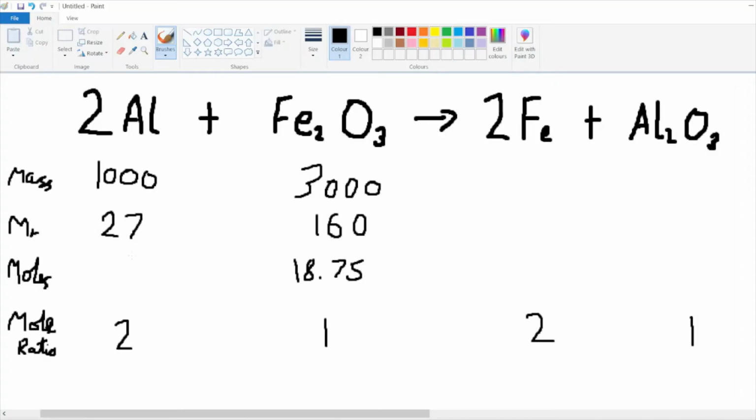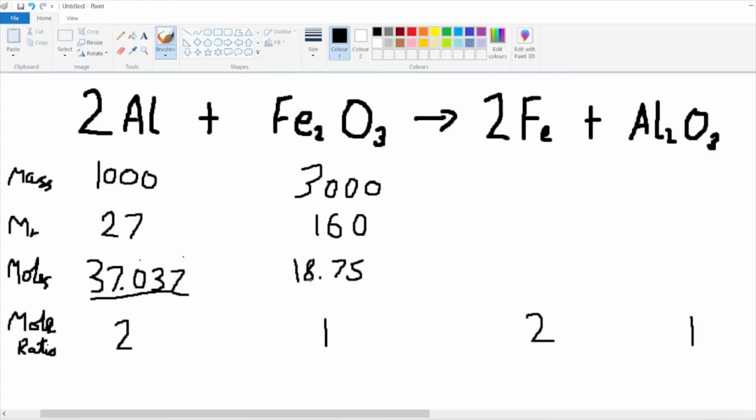So we should, if these two are equal, we should get 37.5 moles, because that's how many moles of aluminium we need to react with 18.75 moles of iron oxide. But if you plug these values into the formula, then we get 37.037. So we have less of this than we need to react with this.